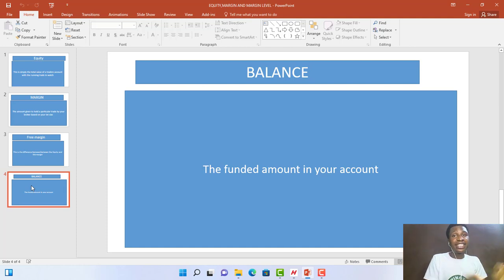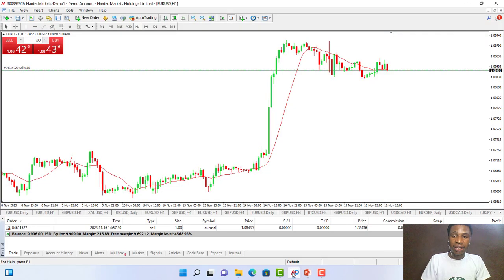Any amount you funded, that is your balance. Your broker will fund it in your trading account, it will be there. That is the balance, and that is what you find here. Whatever you put in your account, that is your balance.